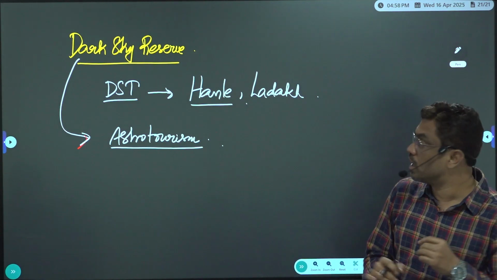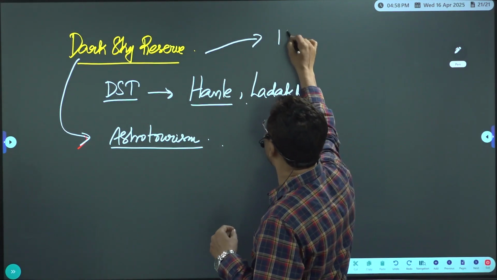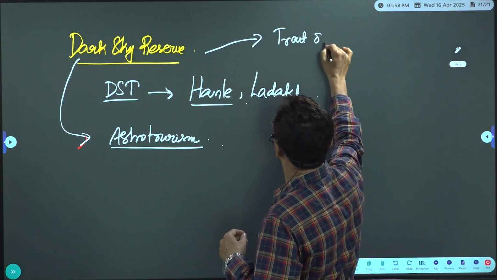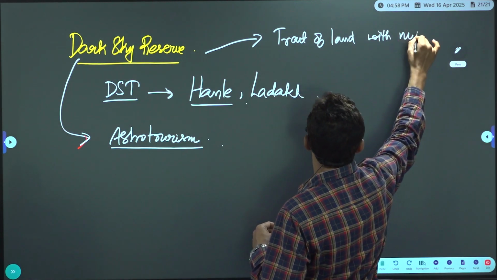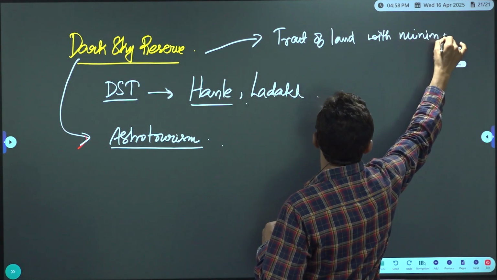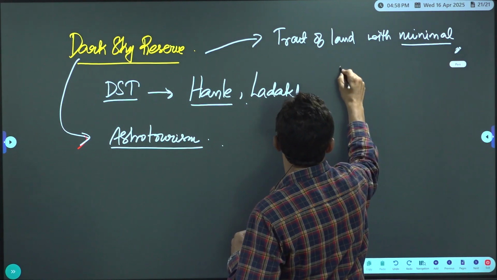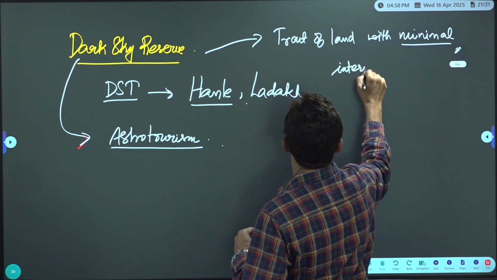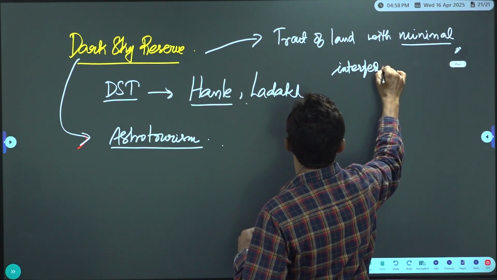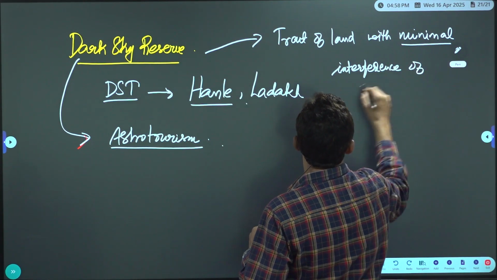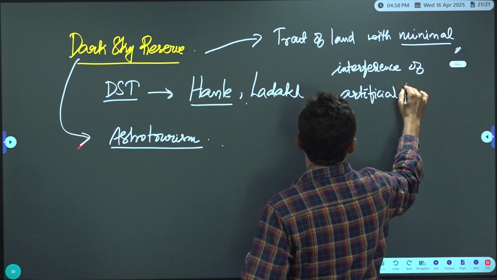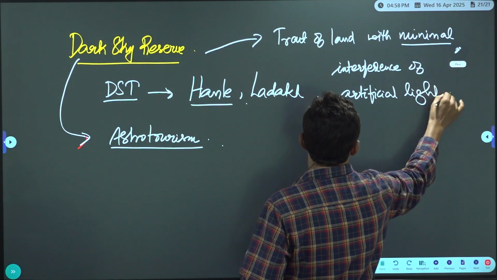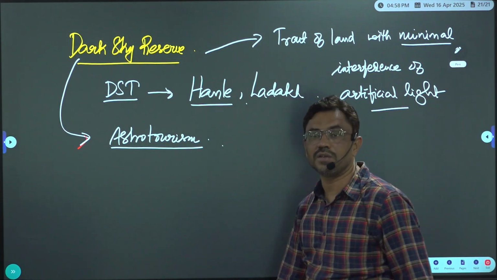It is a tract of land with minimal interference of artificial light. That is a dark sky reserve.